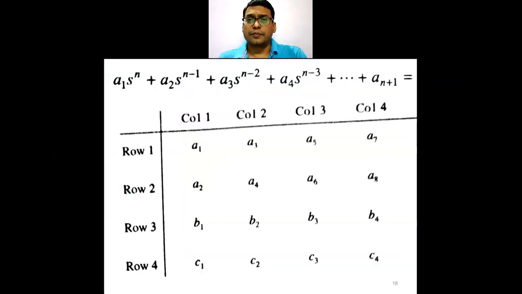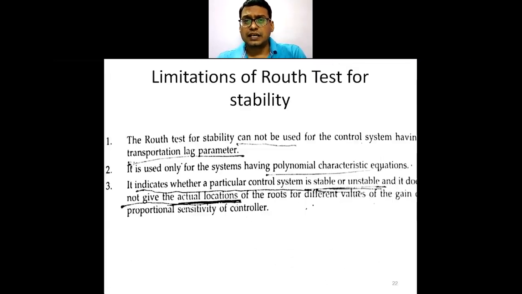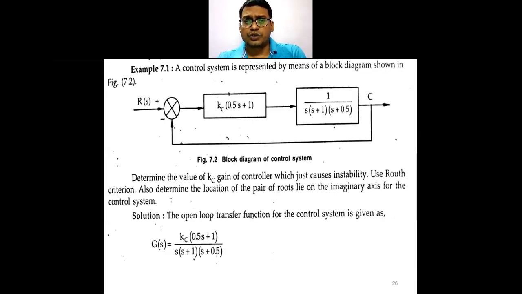This is nothing but our characteristic equation, that is 1 plus the product of all transfer functions in the open loop control system. So you will get an equation like this. If this is the control loop system incorporating a controller, and the three first order systems are there, your transfer function becomes like this.